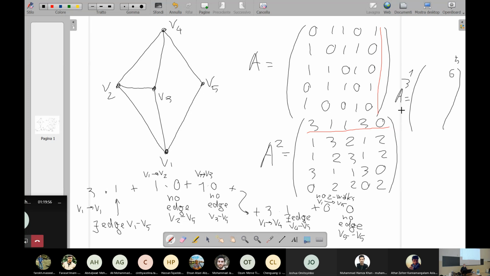A to the 1000 will have the numbers of the 1000-walks from one vertex to another. Don't forget this thing, because it was suitably modified. I'll show you that it is important for Google rank. Okay, I'll give you later. Now we have to focus on the course, on the book, but later I'll give you some marginal talks on something which is not part of the exam, part of the program.